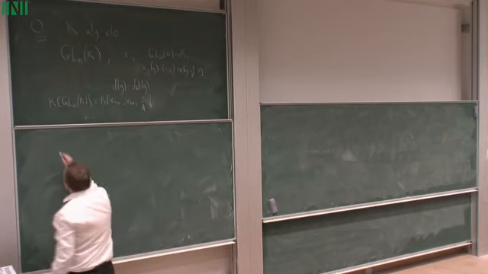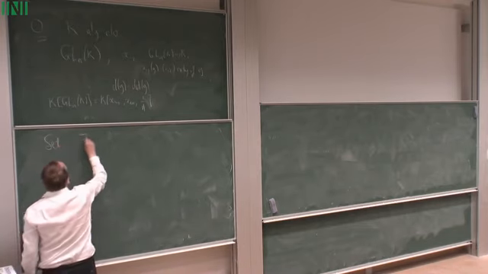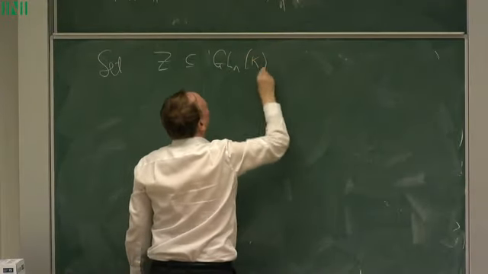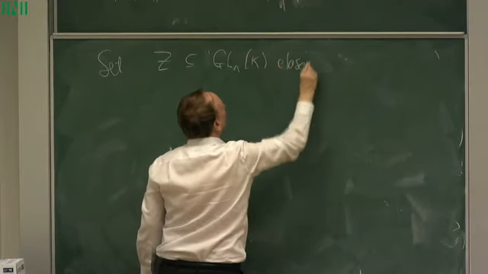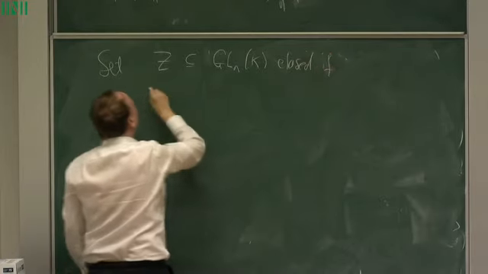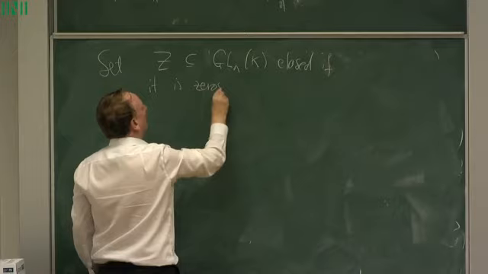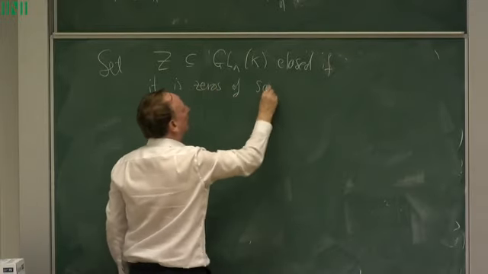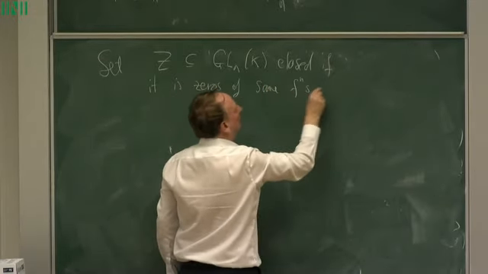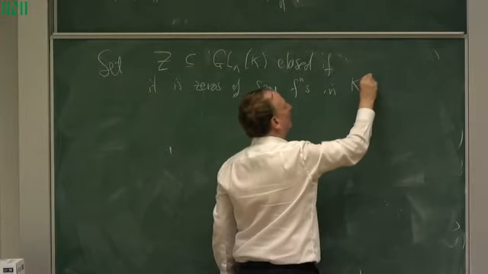So a set Z in GL_n(K) is closed if it's the zeros of some functions in the coordinate algebra, some regular functions.